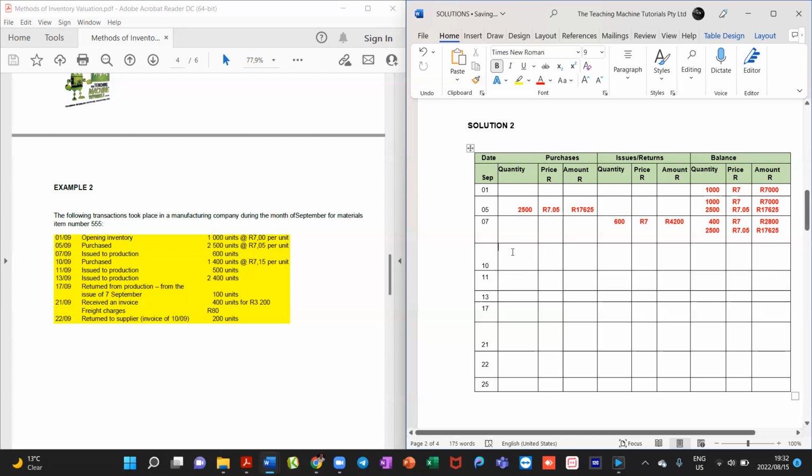How many units were purchased? 1.4. How much is 1.4 times 7.15? 10,010.